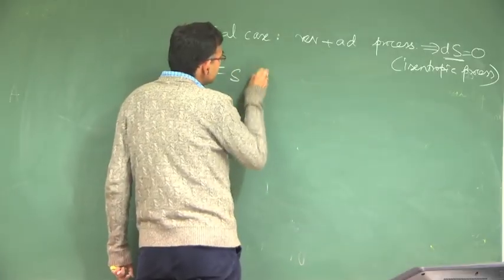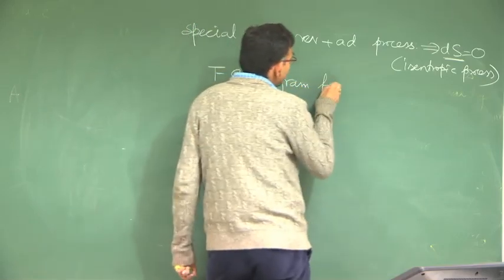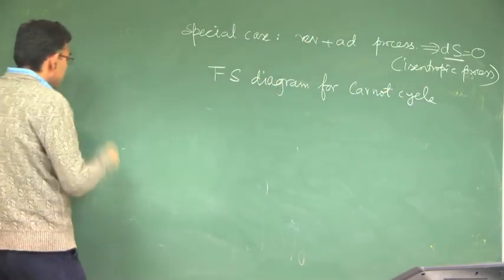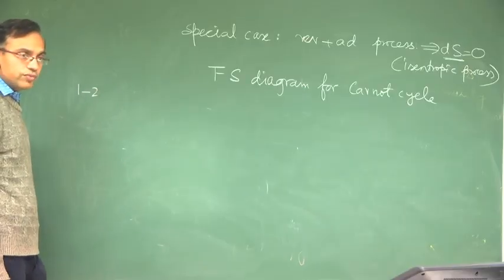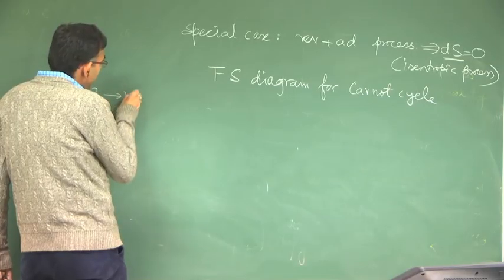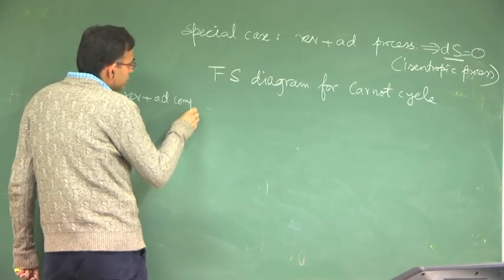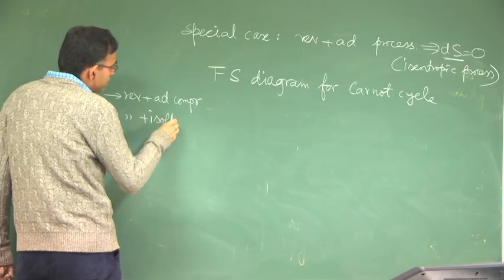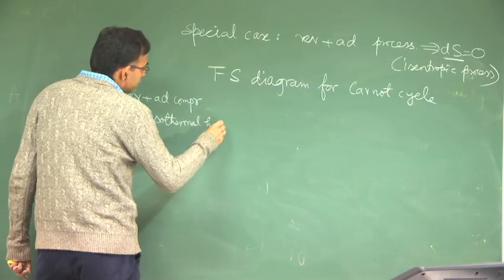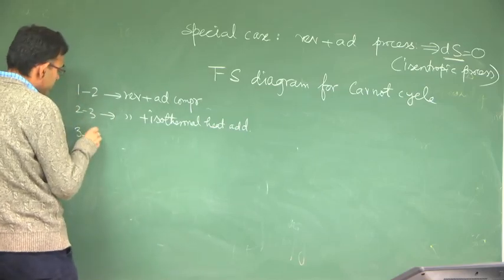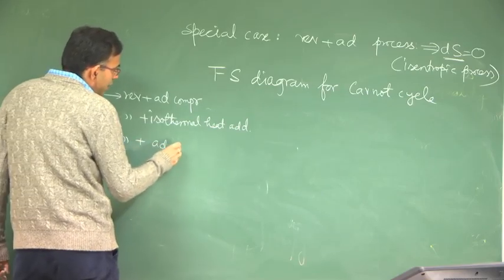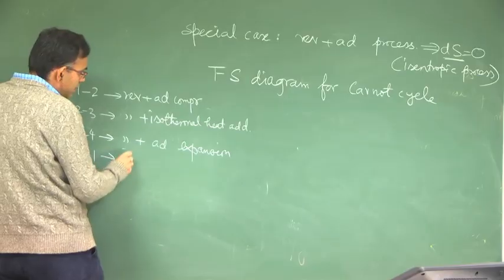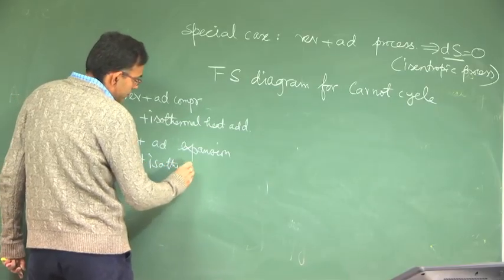TS diagram for Carnot cycle. So we will just summarize the processes. 1 to 2 is reversible plus adiabatic compression, then 2 to 3 is reversible plus isothermal heat addition, 3 to 4 is reversible plus adiabatic expansion, and 4 to 1 is reversible plus isothermal heat rejection.